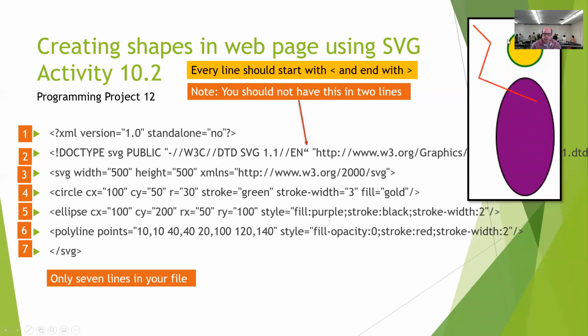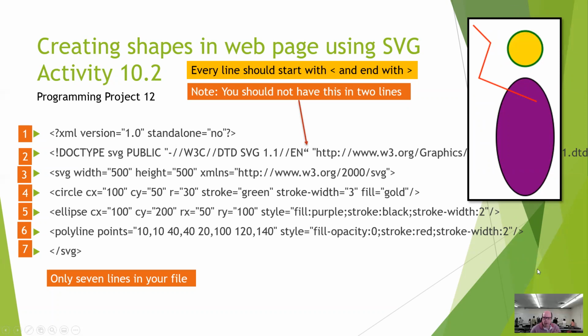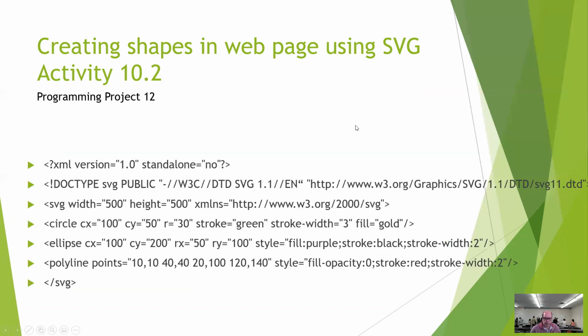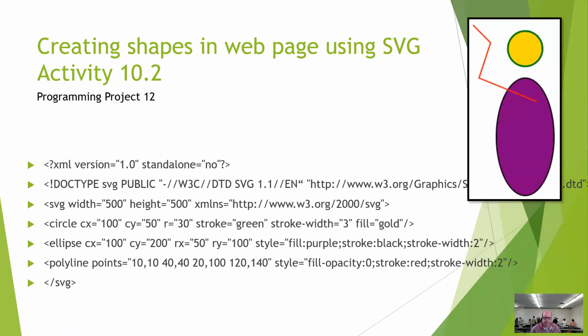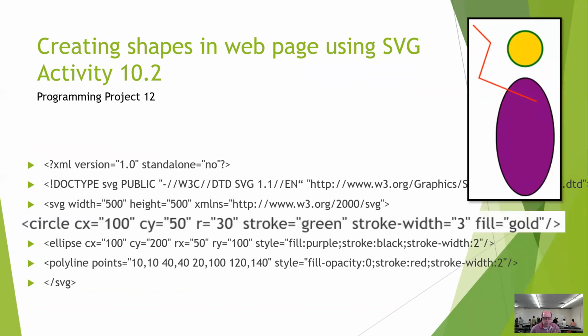Okay, if we type this in and we run it on a web browser, it's going to give me a shape like this. So let's go over it to see how we are doing this. First, we're going to do circle.